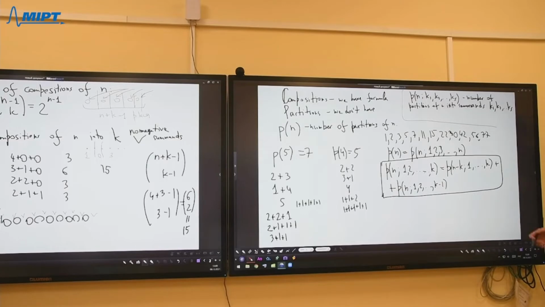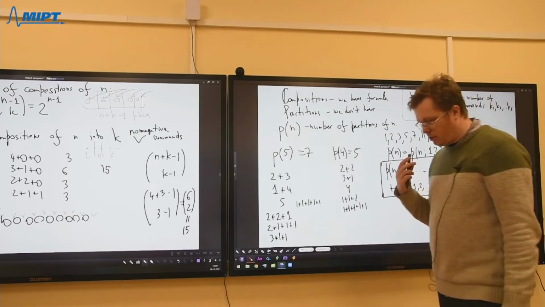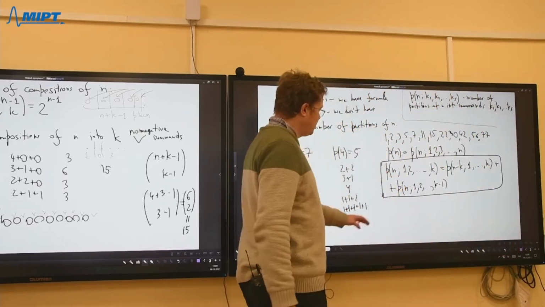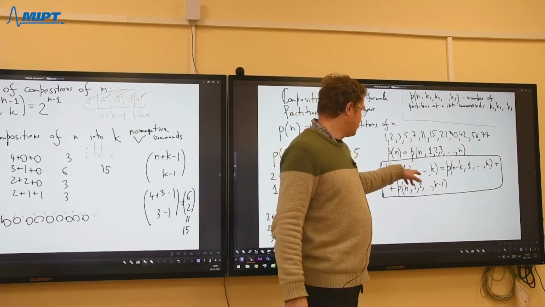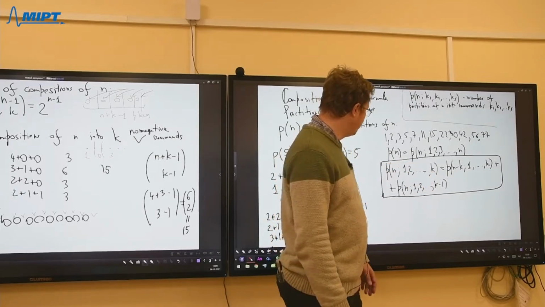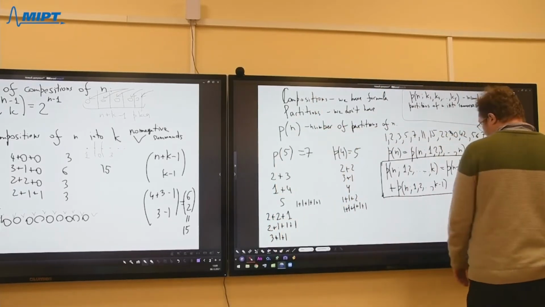But it's kind of a tricky one because our recurrence relation not only depends on n, but also on which summands we can take to have these partitions.